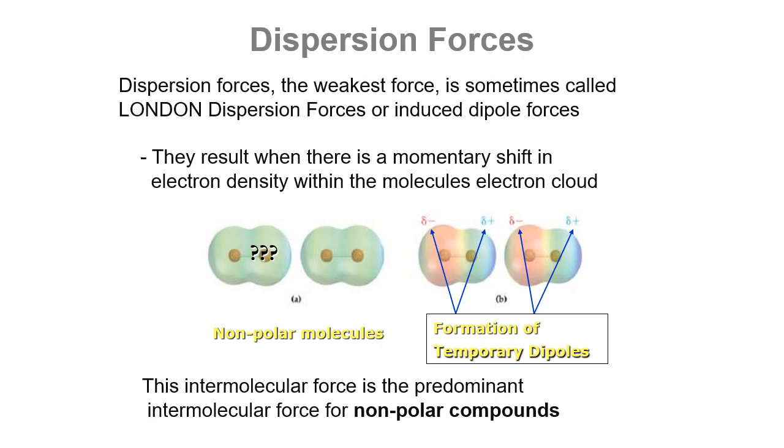You can see there are parts of positive and negative poles because of the momentary shifts, which are called temporary dipoles. So the attraction is between positive and negative poles between molecules.